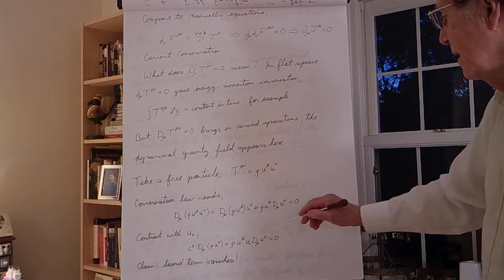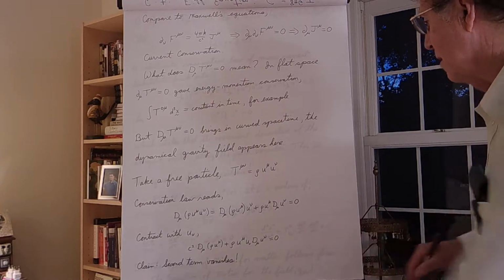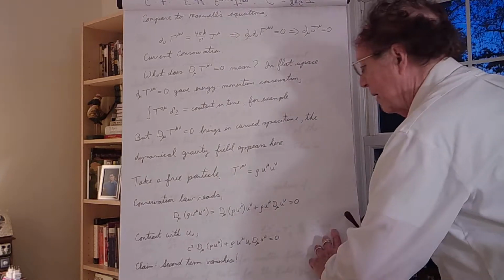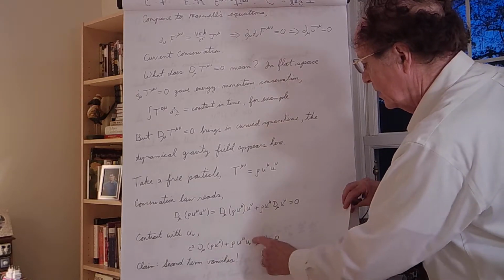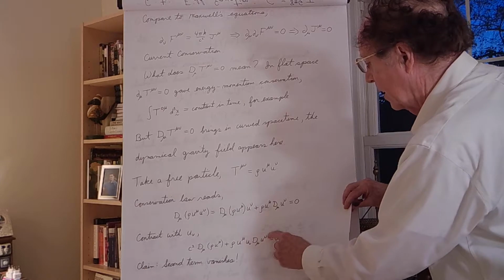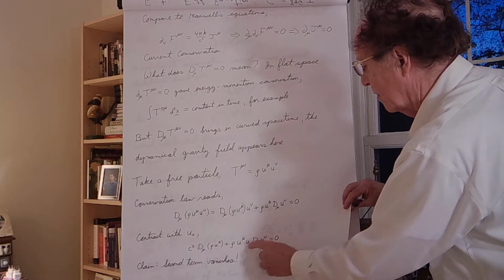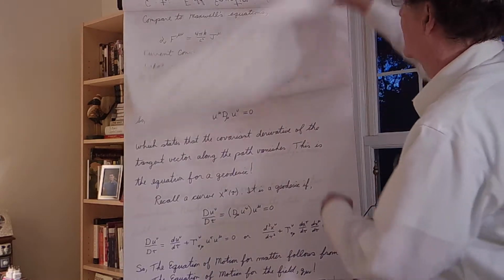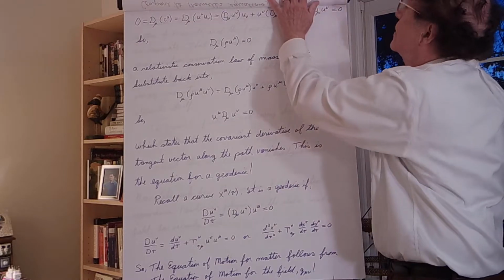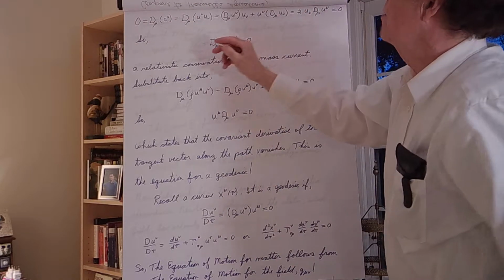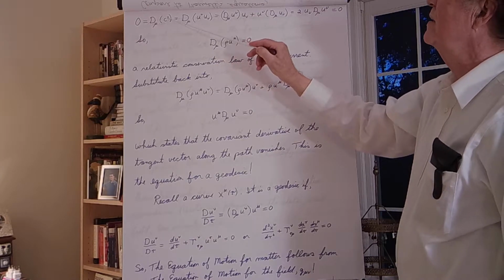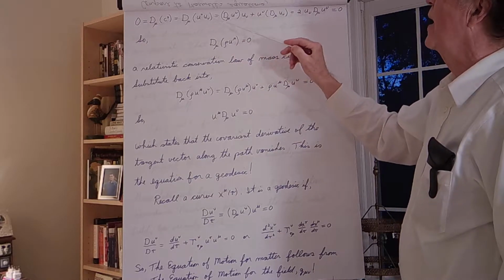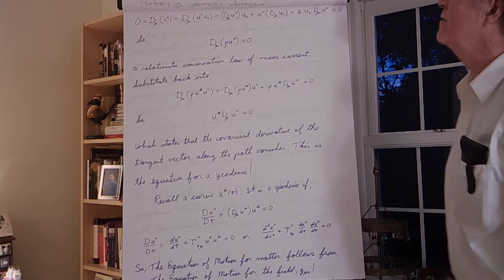The claim is that the second term is 0 by a trivial observation. So let's check it. It's u sub nu, d sub mu, and then u upper nu, so they're contracted across. Let's start out with 0, take the covariant derivative of a constant, c squared, and then write c squared as the inner product of u with itself.